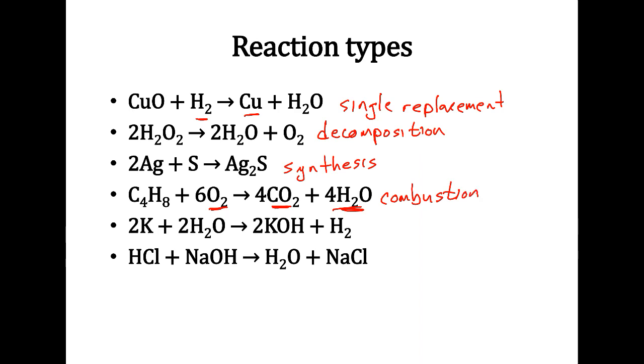Okay, the next one, as we look at this, we have potassium plus water yields potassium hydroxide plus hydrogen. Well, we can see that the hydrogen is being displaced and being replaced by potassium, so part of the cation is being displaced. So we would call this a single replacement reaction.